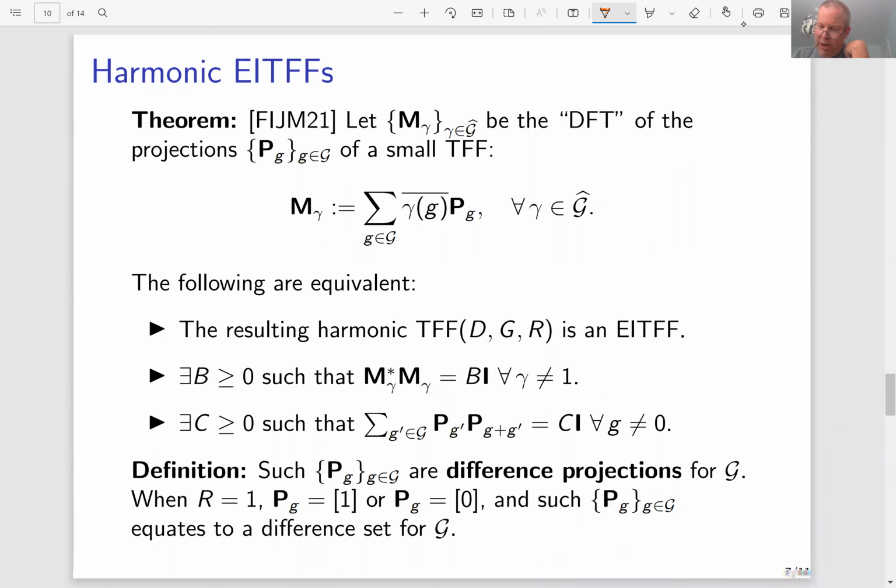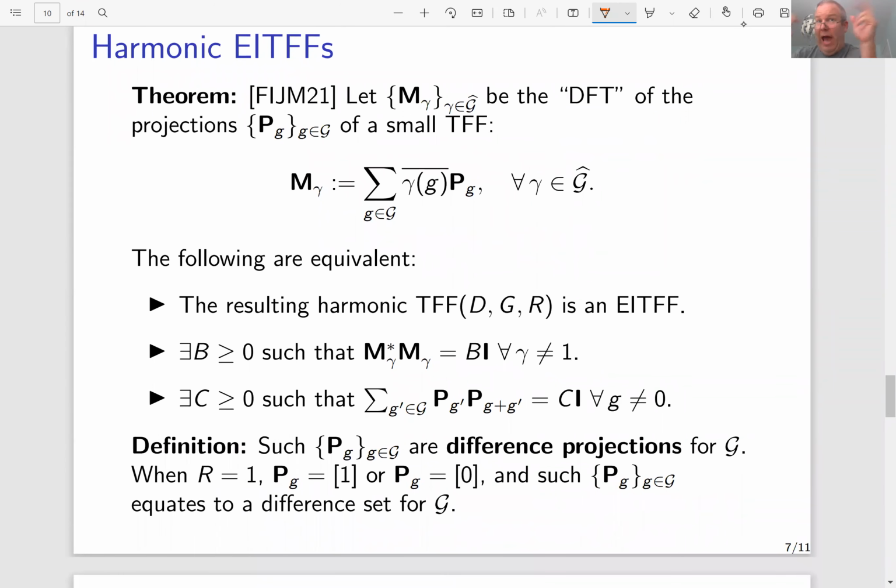And so you might ask, well, can these actually be equi-isoclinic? Can these be optimal packings with regards to the spectral distance, i.e., can they give you arrangements of subspaces with minimal block coherence as valued for compressed sensing? And the answer is, yeah. This actually generalizes the idea of what's called a difference set for a group.